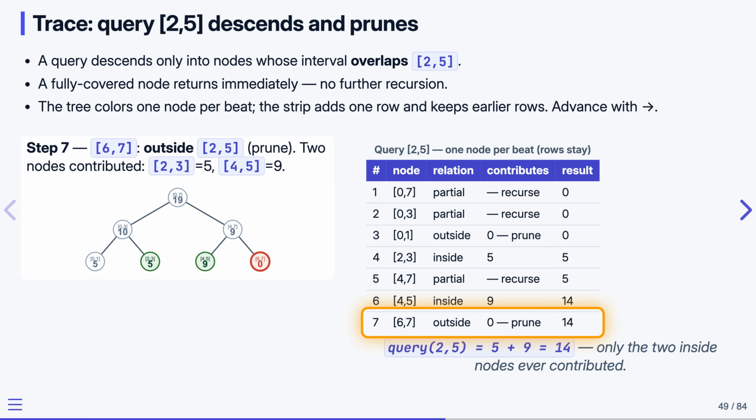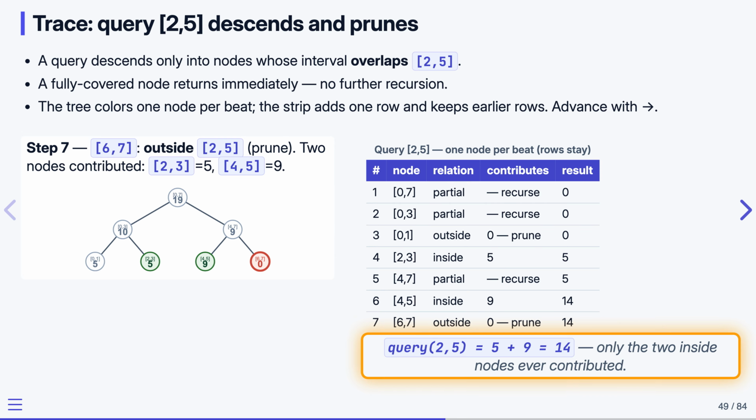Its right child covers 6 to 7. That is outside 2 to 5, so we prune it. It adds nothing. So only 2 nodes ever contributed, 2 to 3 and 4 to 5. 5 plus 9 is 14. Notice we touched only a handful of nodes, not every element. That is the big O of log n speed.